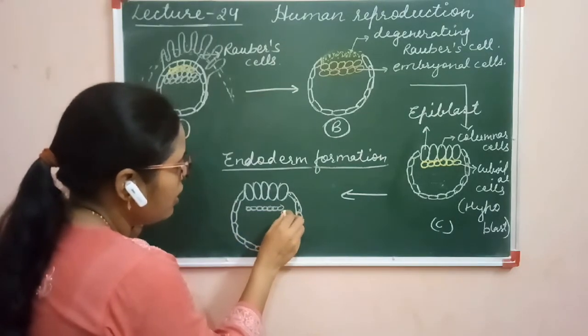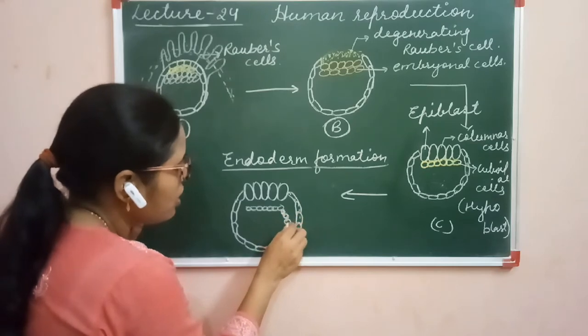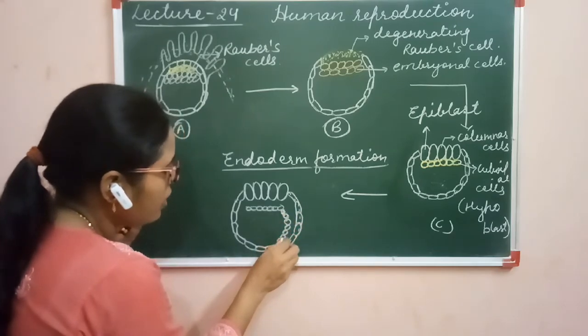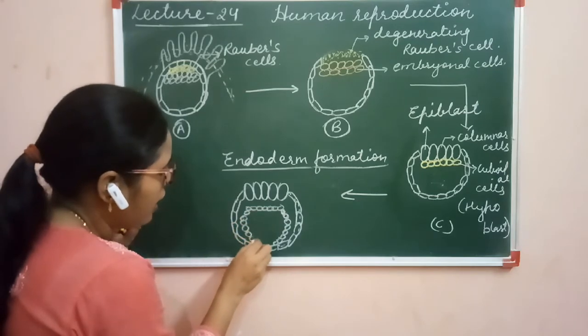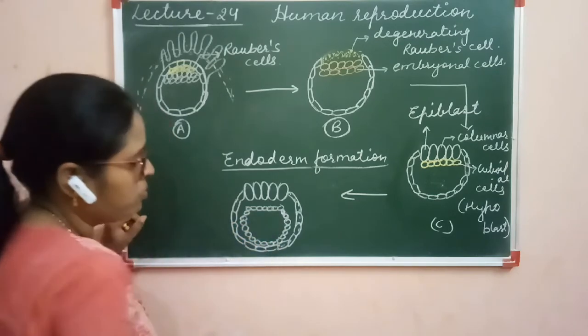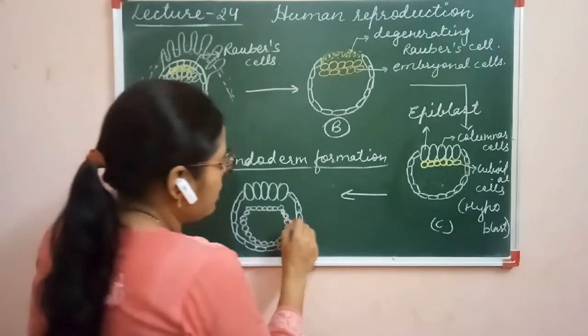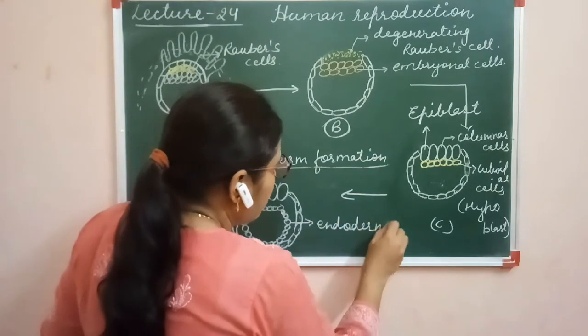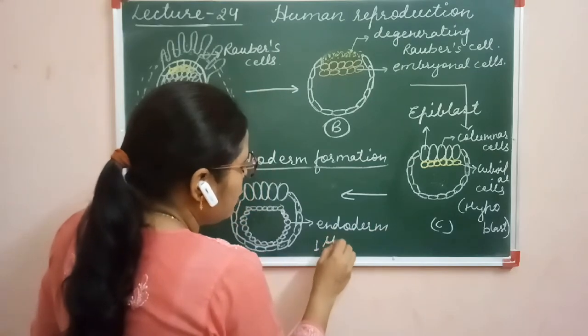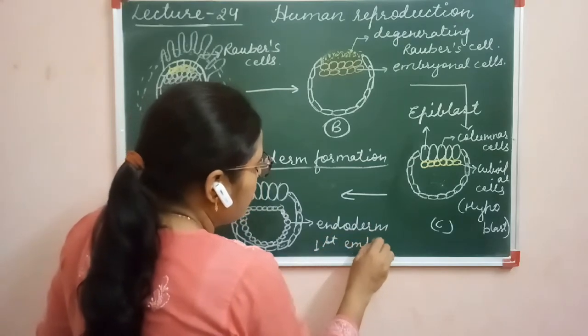So here the delamination process is going to take place, and the layer which is formed is called endoderm. This cellular layer is called endoderm. This is the first embryonic layer.